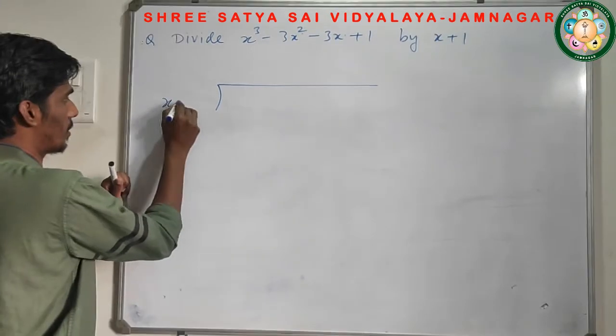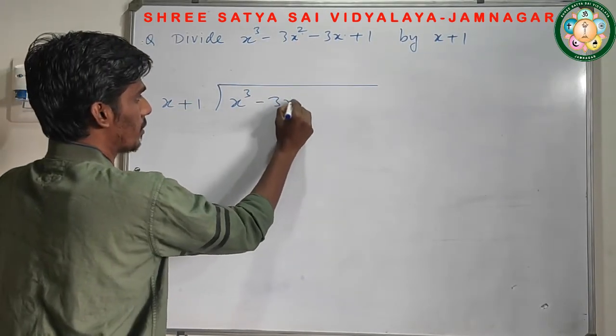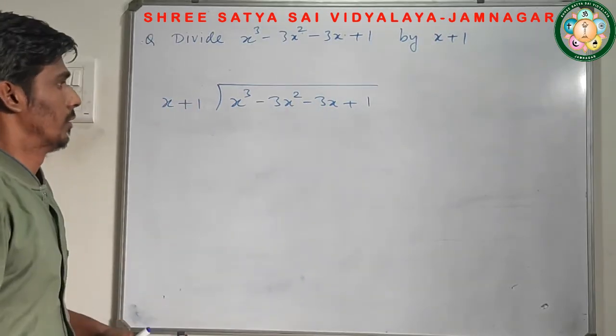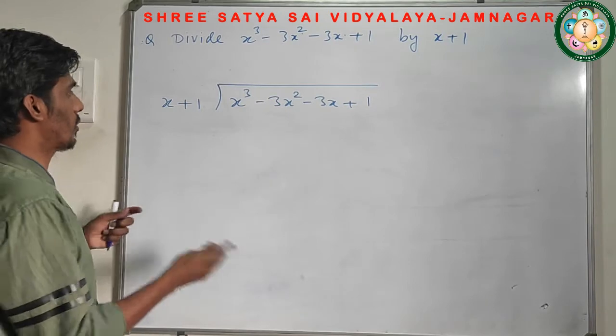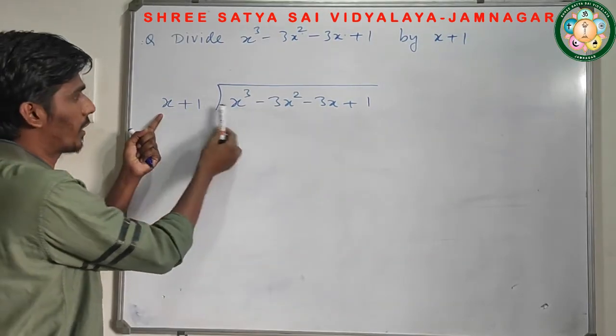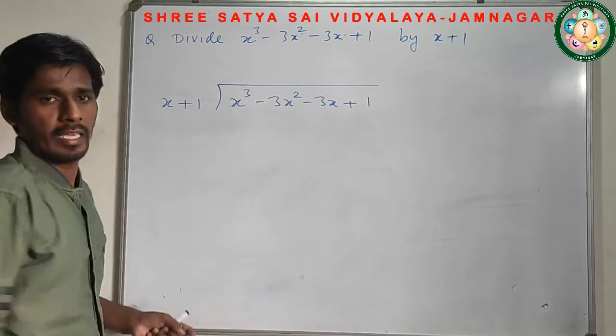So here x plus 1, x cube minus 3x square minus 3x plus 1. Now we have to start with the first term of this one. What are you going to multiply with x to get x cube? From this term we have to find out x cube.